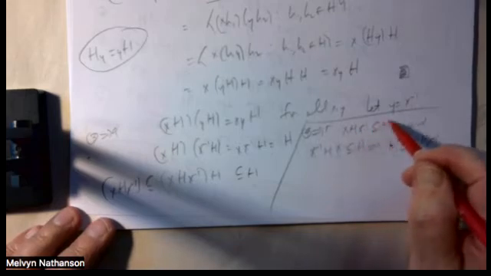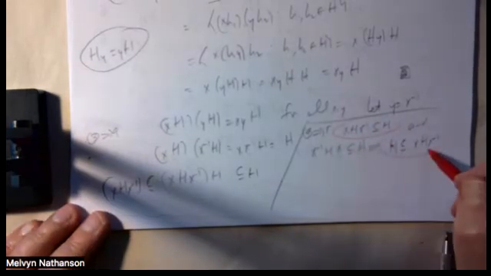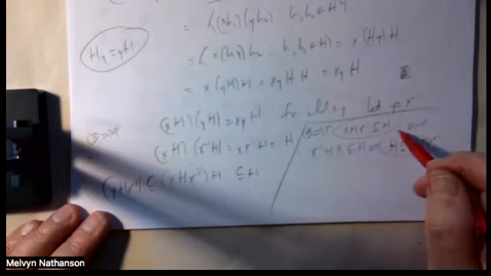So if xH x inverse is contained in H, then H is contained in xH x inverse, and these 2 have to be equal. And that's part 5.